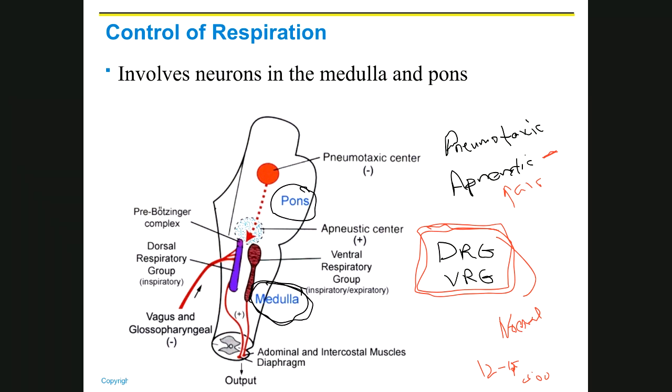And so the pneumotaxic center reduces how often we breathe and how deeply we breathe. So these two have to do with adjusting respiration, making it deeper, making it shallower, making it faster, making it slower.